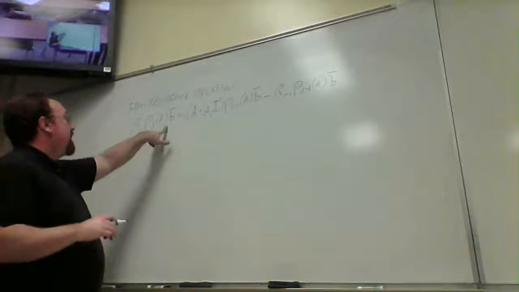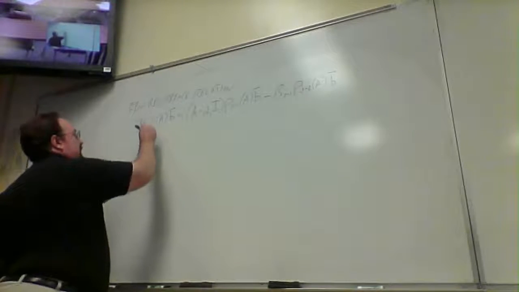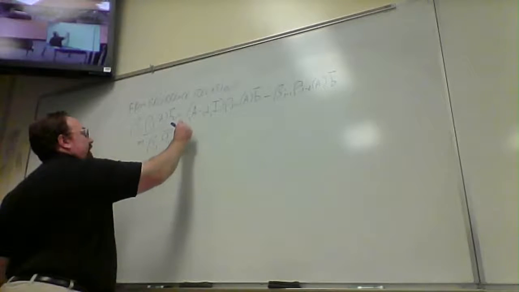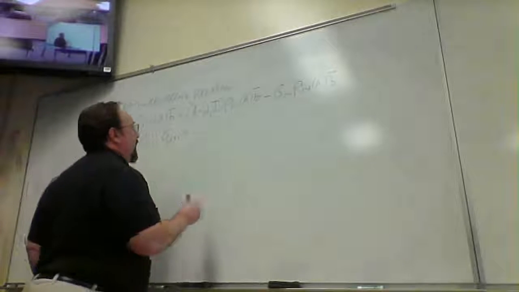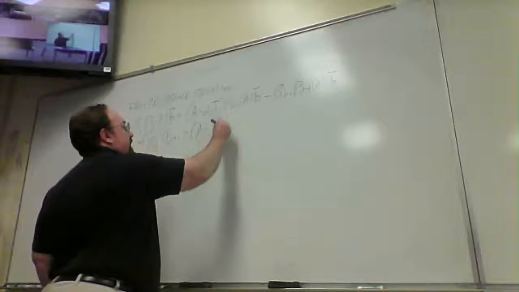But this right here, that's qj plus 1. And then I have here a minus alpha j times identity.